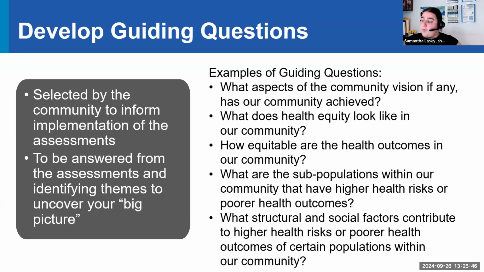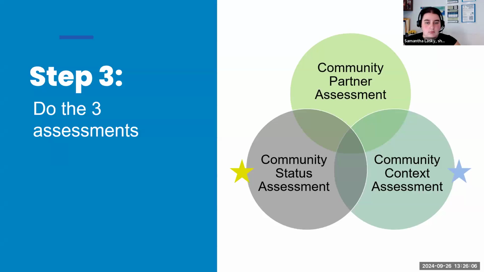We are determining what we want from the assessment and what questions we need the assessment to answer. On the right-hand side, you'll see some examples of guiding questions pulled from the MAPP 2.0 handbook that are options or starting points that could be applied to your own CHA.